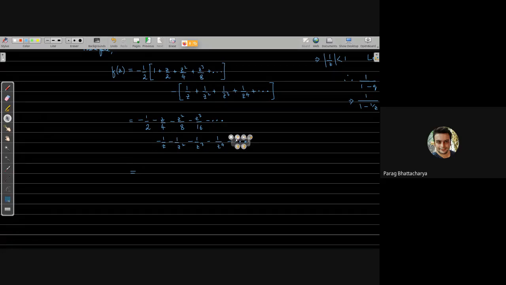So dot dot dot, we have minus 1 by z to the power 4, minus 1 by z cube, minus 1 by z squared, minus 1 by z, minus 1 by 2, minus z by 4, minus z square by 8, minus z cube by 16, and so on.